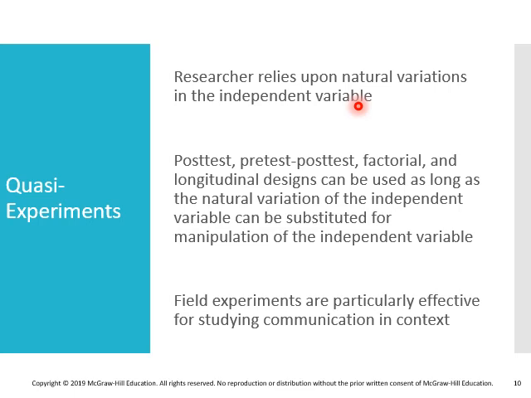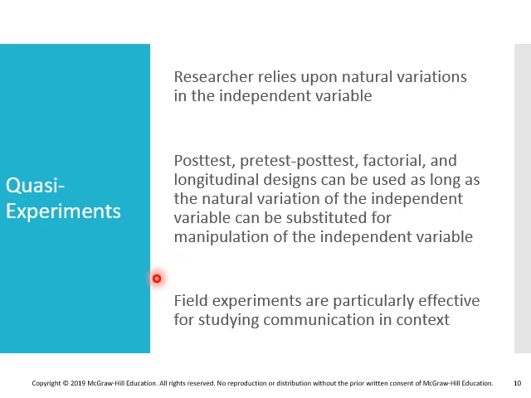So it is a quasi design because it's based on a natural variation not controlled by the researcher. As we looked at previously, the post-test, pre-test post-test, factorial, and longitudinal designs can all be used in quasi-experiments as long as this first element is present, which is natural variation in the independent variable.